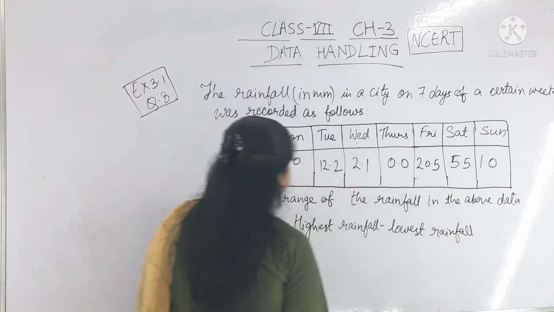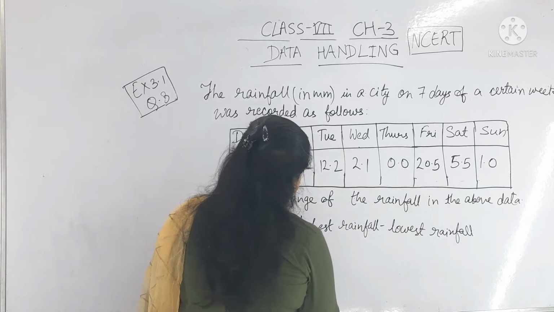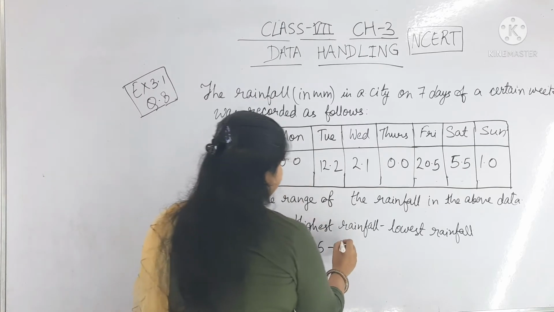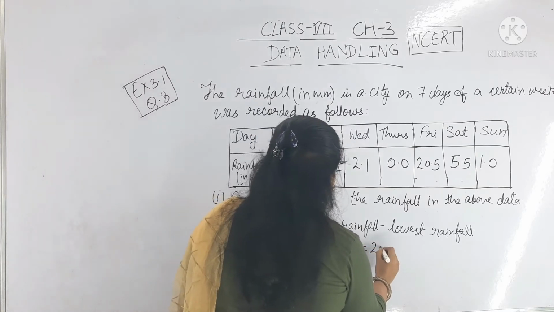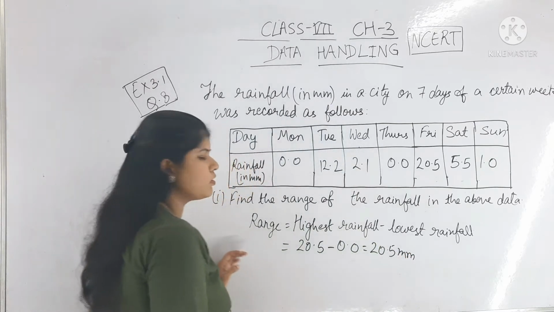You can see the highest rainfall is 20.5 here. So 20.5 minus the lowest rainfall, which is 0.0. So what is it coming to? 20.5 mm. It is the answer for this question.